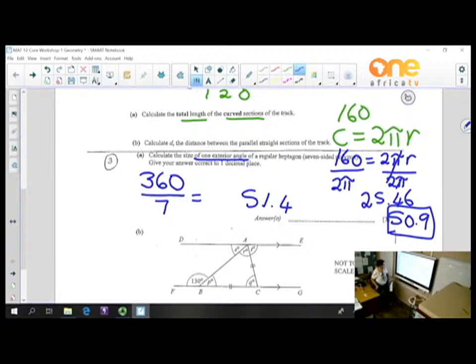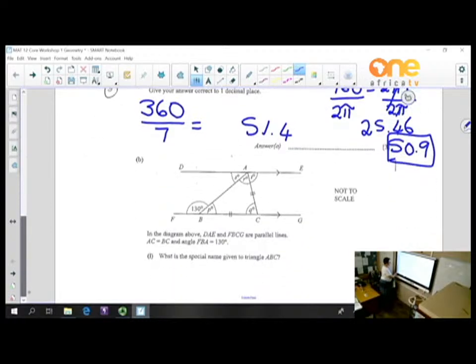Right, the next B part of this question, we've got parallel lines, so that means we have co-interior angles, alternating angles, and corresponding angles. In the diagram, there are the parallel lines, and we've got that this angle is 130 degrees. What is the special name given to this triangle?